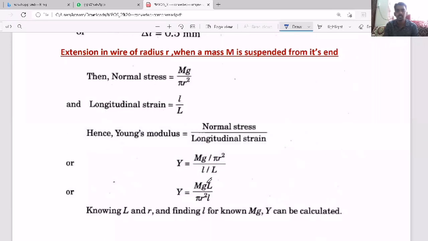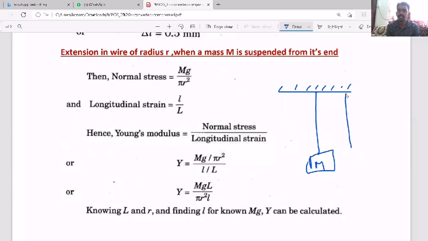Now, sometimes what they do is, see here, suppose there is a fixed support. From the fixed support, you suspended a wire, massless wire, and you attached some mass. Then it is the case like a wire is getting some force which is equal to weight of the body attached, that is mg.